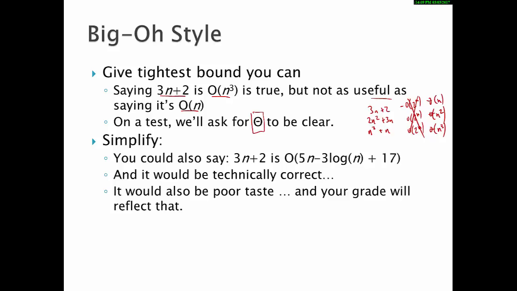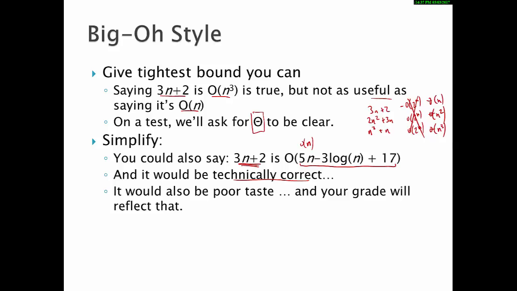The other thing is that g of n, technically by the definition, doesn't have to be very simple, right? So this statement is technically correct, but if I'm asking you, 3n plus 2 is big O of what, it's a lot easier to write n, and it's a lot more useful because n is easier to parse than this whole statement here on the right.